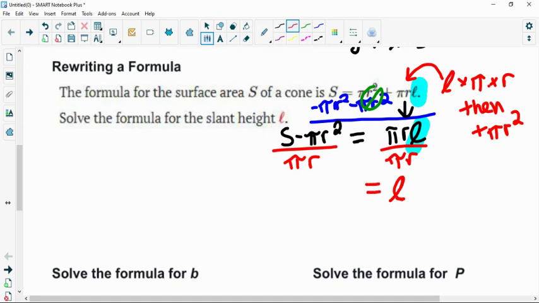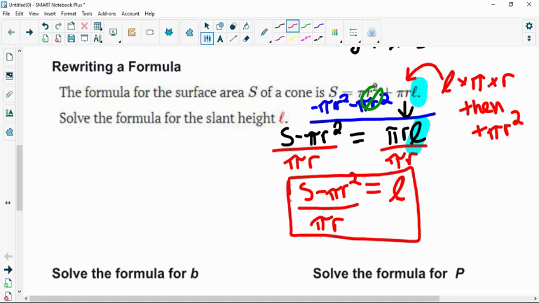And on the left side, we can just simplify it to be S minus the pi r squared divided by pi r. It could be rewritten in a few different ways, but the most important part is we got the slant height by itself. We're using the same equation solving skills that we've been using with our one variable equations. We just need to make sure we're being extra careful as we are working with all these variables in one equation.